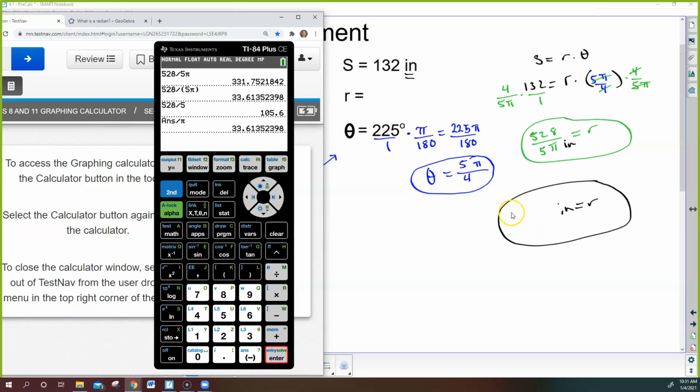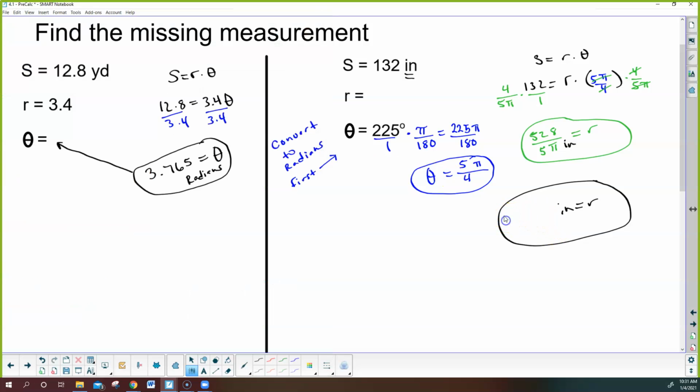So 33.614. And that is the length of the radius in inches. Okay, so be careful. If you have the arc length and you're working backwards, your angle has to be in radians first, and then it's just algebra.